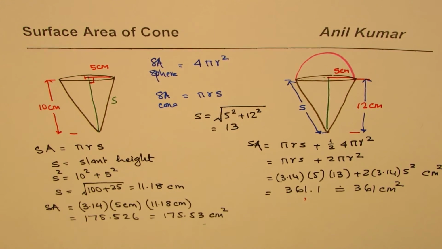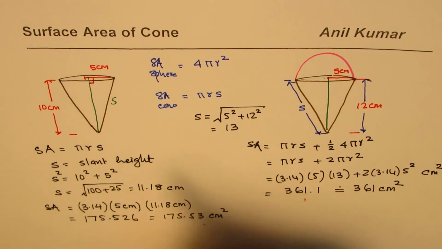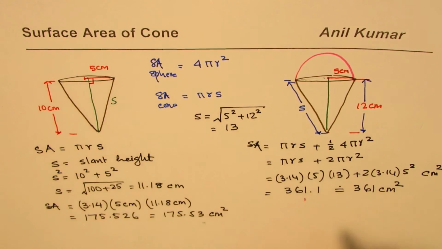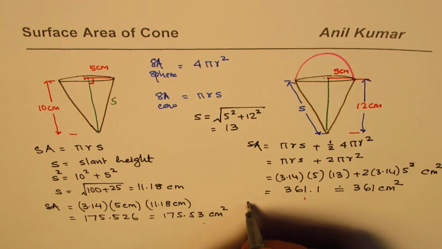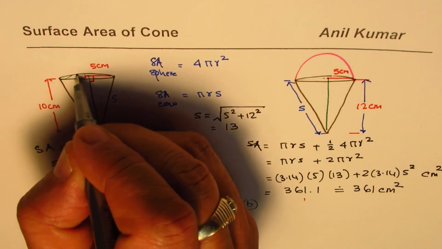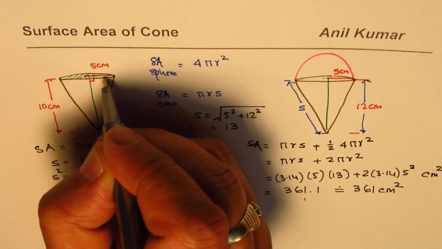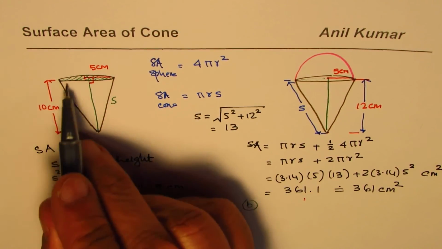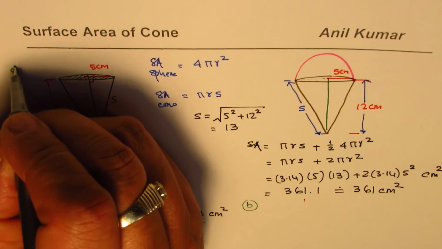In this particular case, especially in the first one, I have taken that this top is not covered. Now another question for you: if I cover this top, so that I include the area of the top, what is going to be the surface area of the cone shown in A?